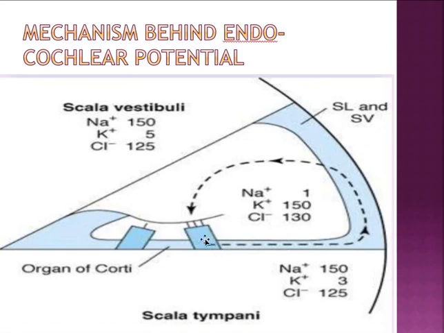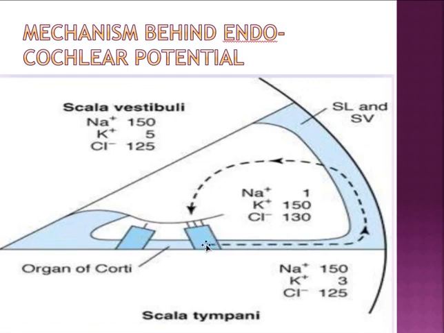Inside the hair cell of the organ of Corti, this electrical potential, you can say the RMP, is around minus 60 millivolts in comparison to that of the perilymph. So here the electrical potential is minus 60 millivolts. Outside here the electrical potential is plus 80 millivolts.